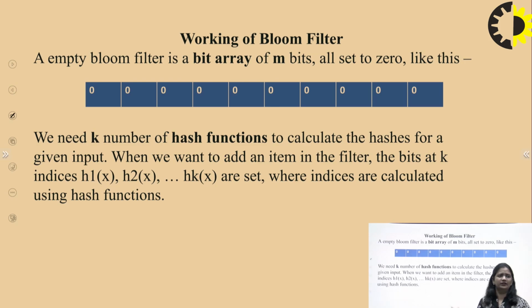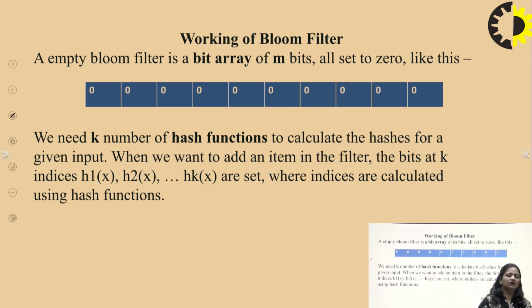This is a simple working of the Bloom filter, in which an empty Bloom filter is a bit array of m bits, all set to 0. First, a bit array of m bits, all set to 0, and then we need k hash functions. In the Bloom filter, we are given m bits, and initially we set all the m bits to 0.